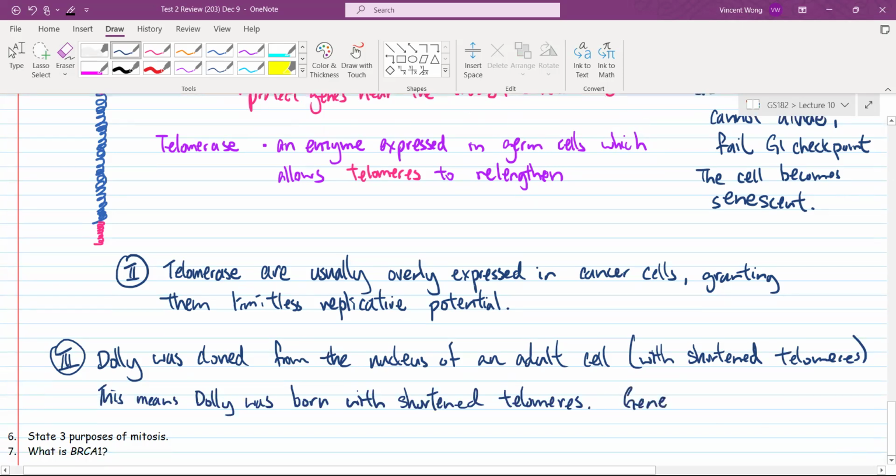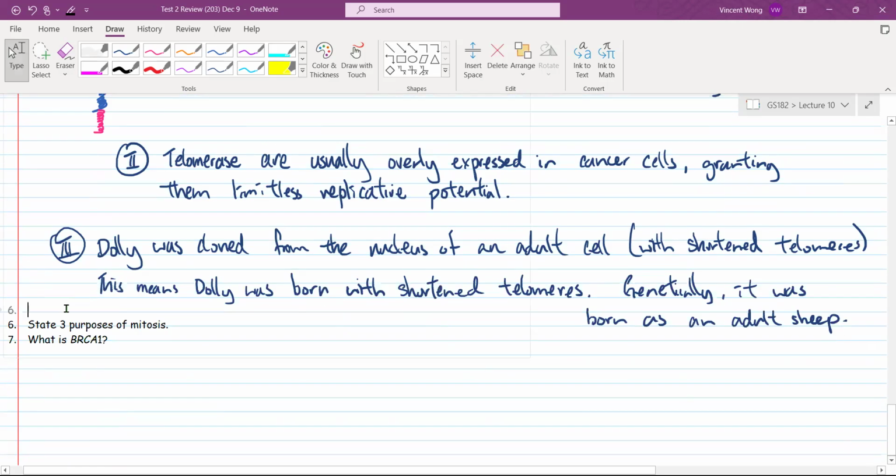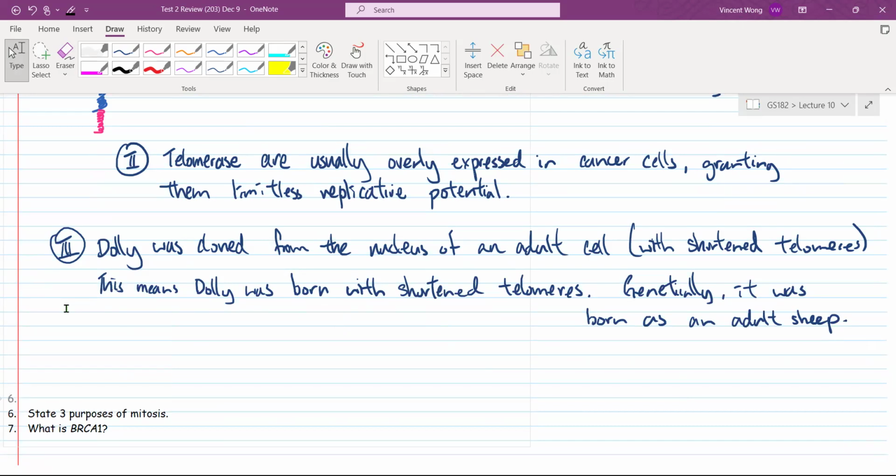So genetically, it was born as an adult sheep. Okay? So that's why it died earlier than a regular sheep would, right? Has a shorter life expectancy because even though it was born today, on a cellular level, looking at its DNA, it's as if it is an adult sheep already.